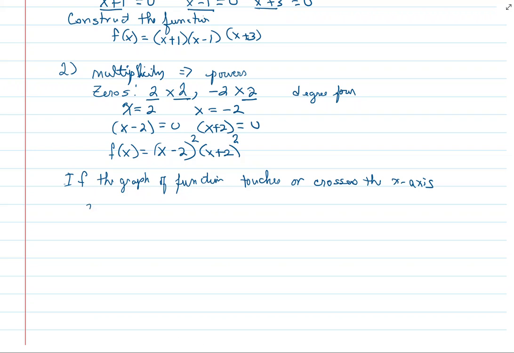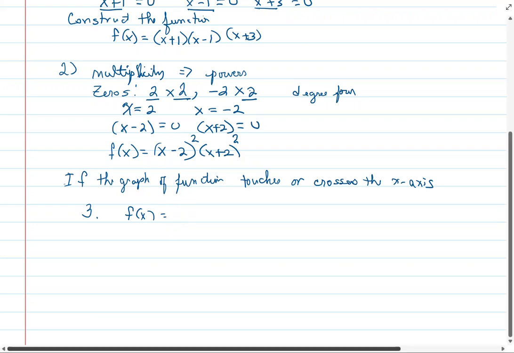So on the third one, we have f of x is equal to 4 times x squared plus 3 and x minus 2 squared.